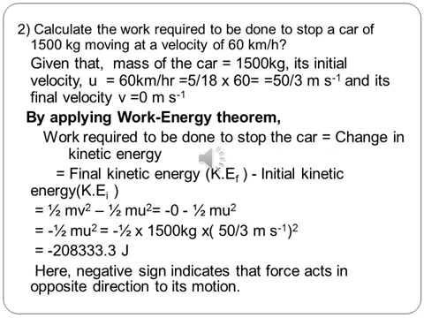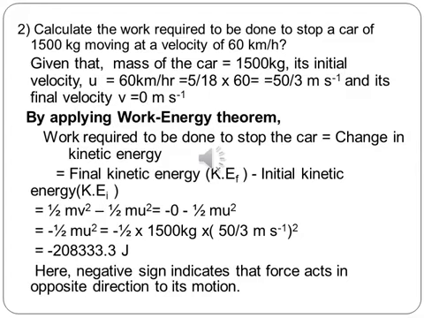When kilometer per hour is converted into meter per second, it should be multiplied by 5/18. Here, 60 kilometer per hour is equal to 5/18 into 60, which is equal to 50/3 meter per second. And its final velocity v is equal to 0.